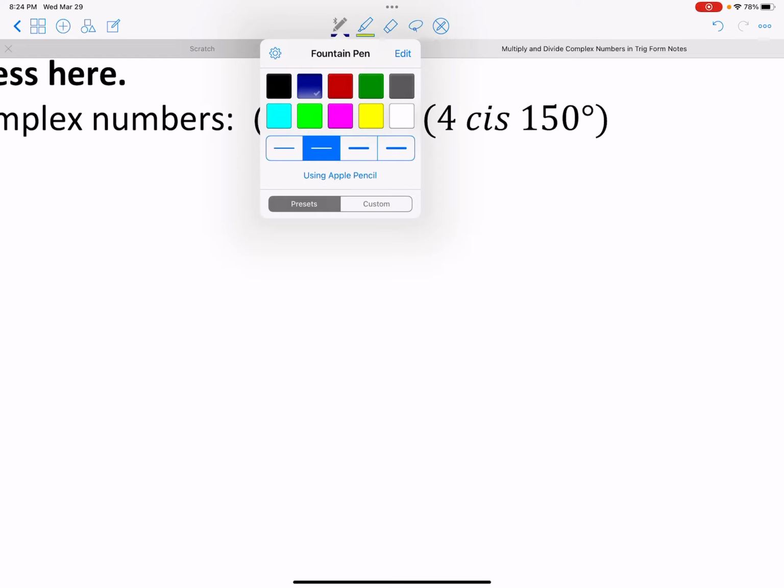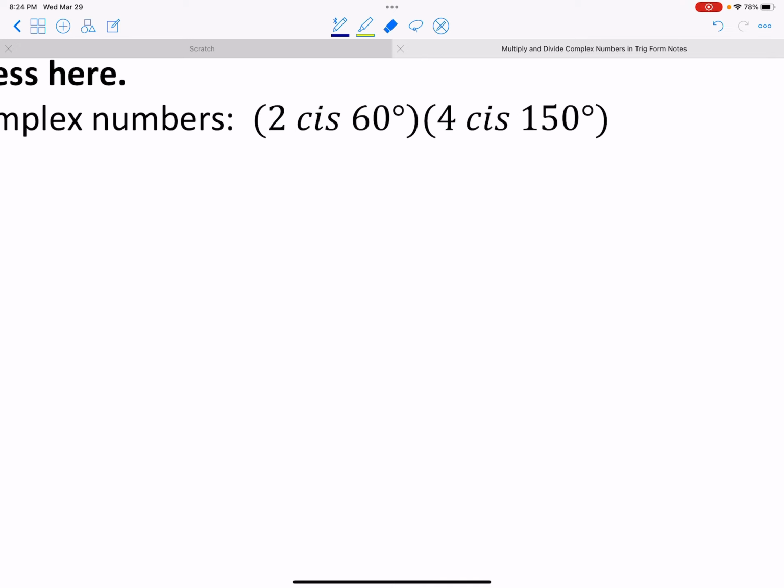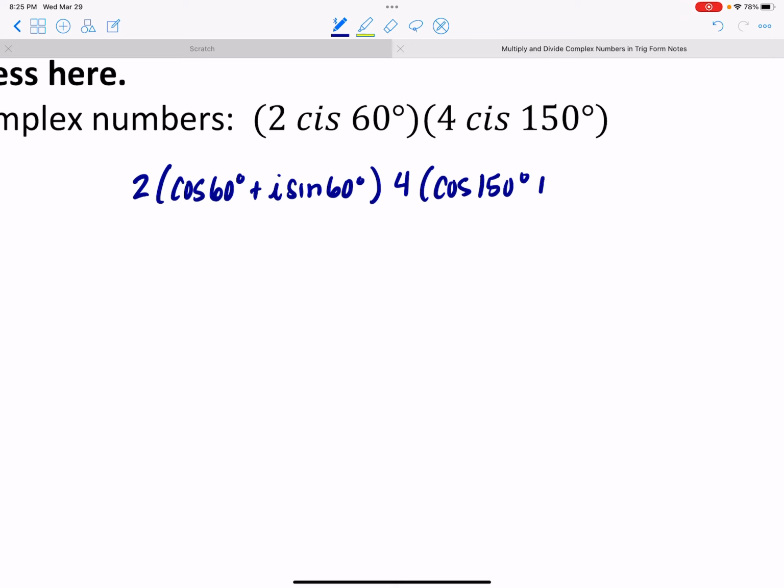I'm going to change my 2 cis 60 degrees to 2 cosine of 60 degrees plus i times the sine of 60 degrees. And then we're going to try to multiply that with, again, the expanded form over here, which is going to be 4 times the cosine of 150 plus i sine of 150.